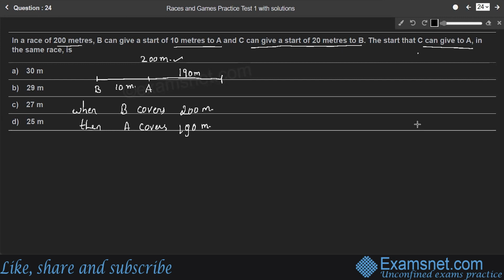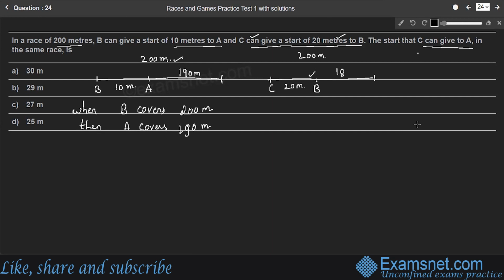So next, C can give a start of 20 meters to B. So in the same race, we'll consider the same track once again, track of 200 meters. C can give a start of 20 meters to B. So we'll consider the position of B here. When a start is given to B in a 200 meter track, what is the distance to be traveled by B?